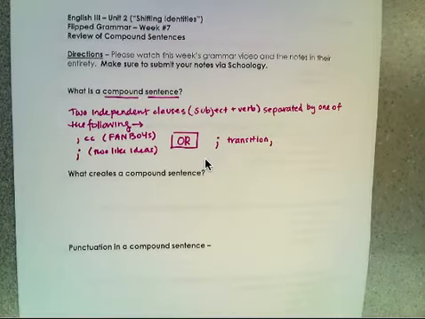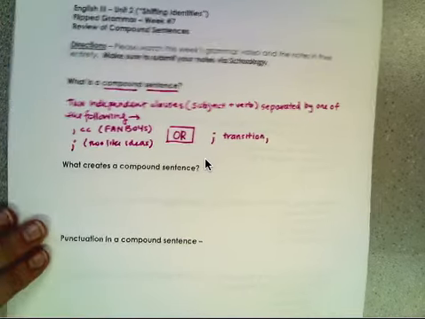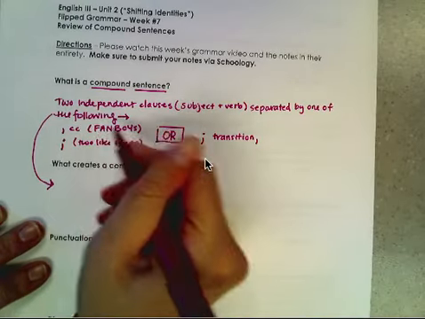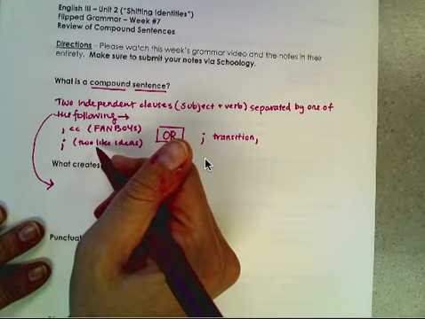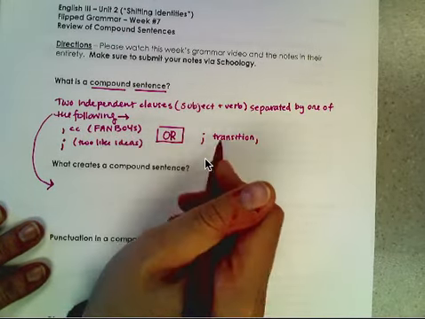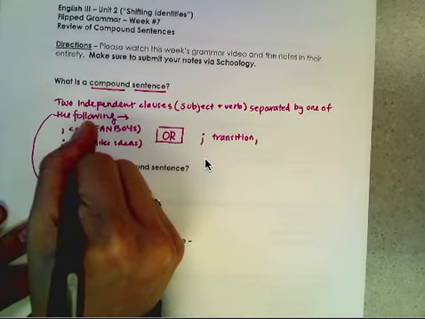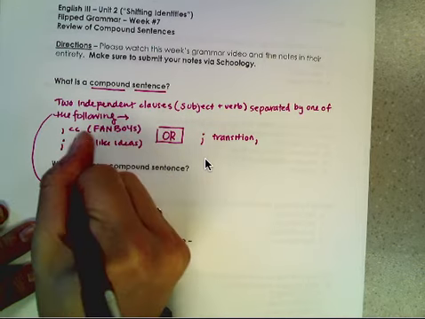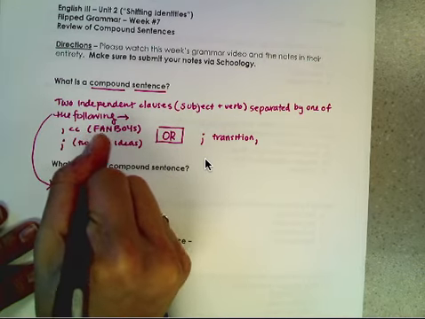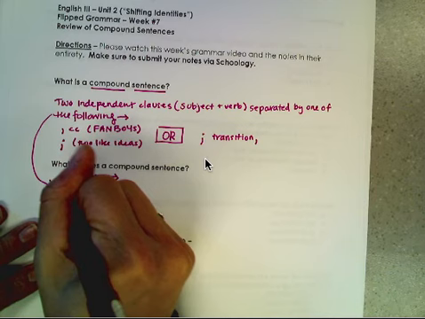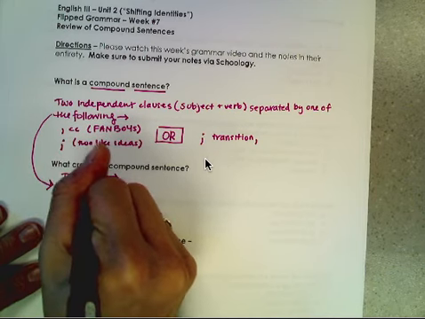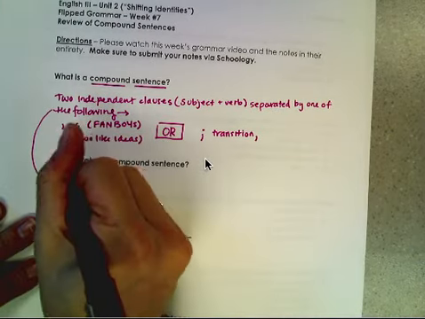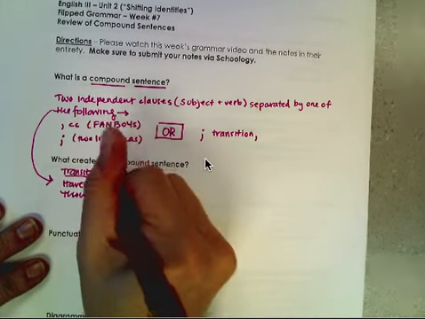All right, so what creates a compound sentence is going to be those two independent clauses separated by one of the following: coordinating conjunction, semicolon, or a transition. Some of the transitions you can use, however, though, and so on.